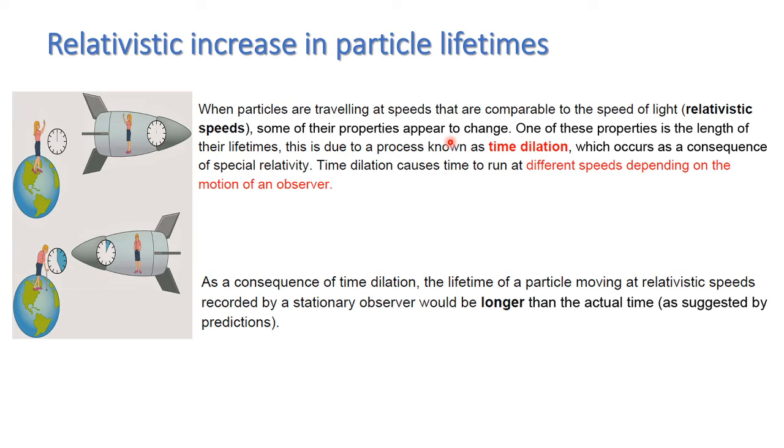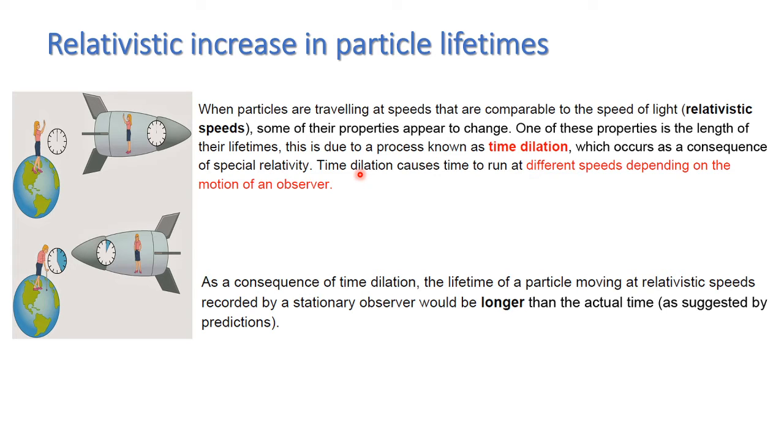Here, there is another aspect we are going to look into. One of the properties that we observe when the particle moves at relativistic speed is an increase in the length of its lifetime, as observed by a stationary observer.